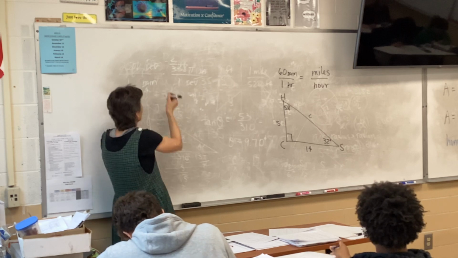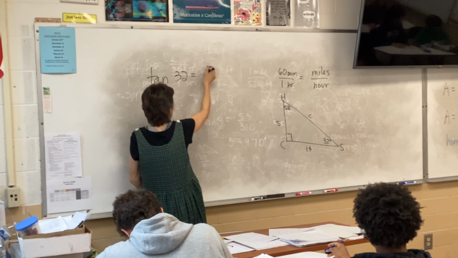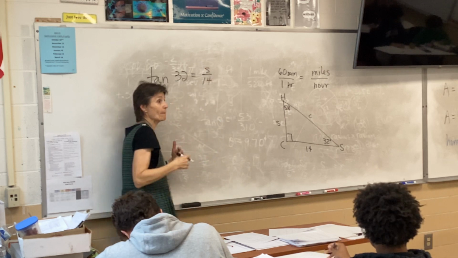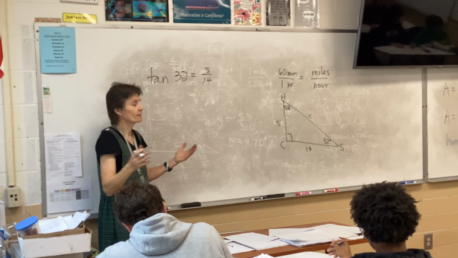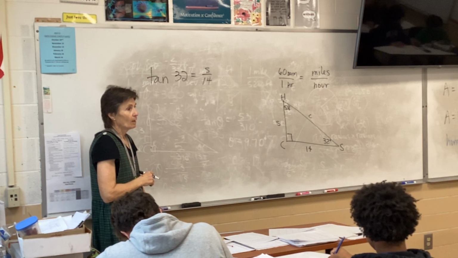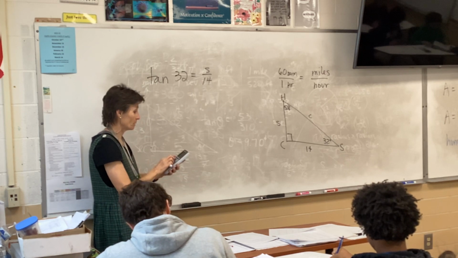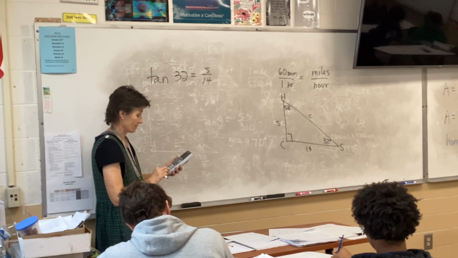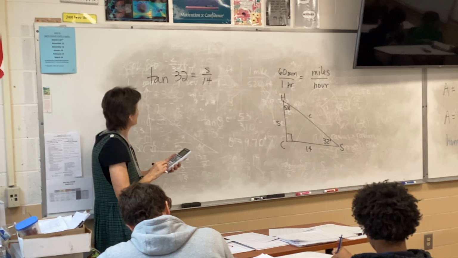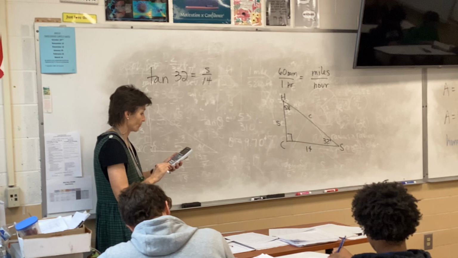Could I say tan 32 equals S over 14? Would that be one thing to say? Not the only thing by any means, but would that be something to say? All right, so then S is going to be, now this is a degree, so please do make sure you're in degrees, 14 times tan 32.